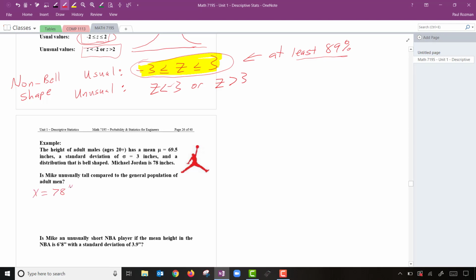He's 78 inches tall. The mean of the whole population of adult males in North America is 69.5 inches, at least according to Wikipedia, and the standard deviation is 3 inches. So let's calculate Mike's Z-score and determine whether or not he's unusually tall.